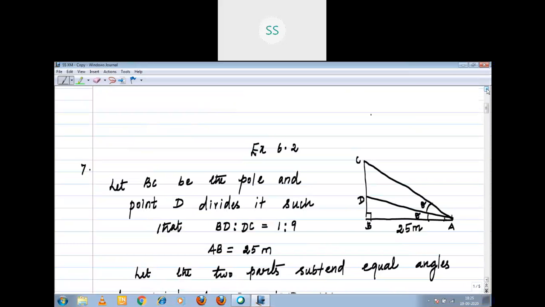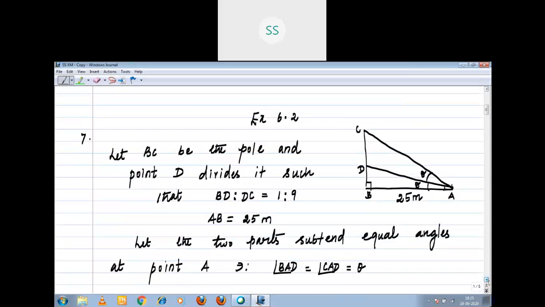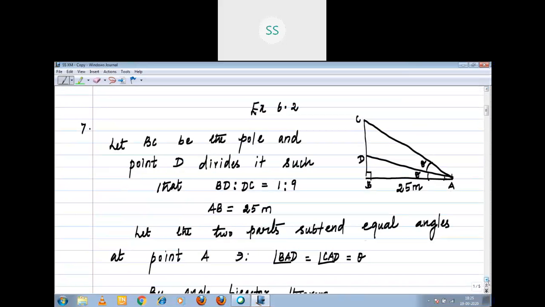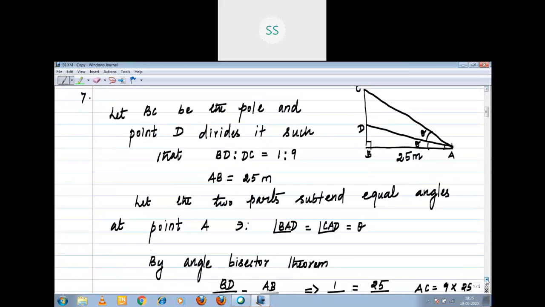Once again, I am going to explain. You people should listen carefully. They said vertical pole. My vertical pole is BC. A point they mentioned that I denoted as A. Then D divides BC in the ratio 1 is to 9. In that they said the lower part is shorter than the upper part.